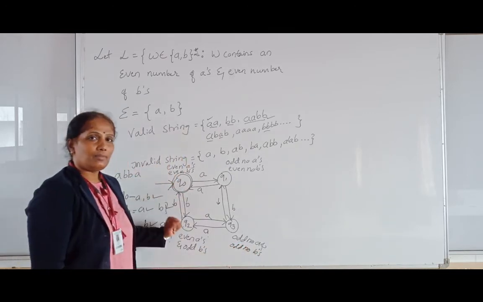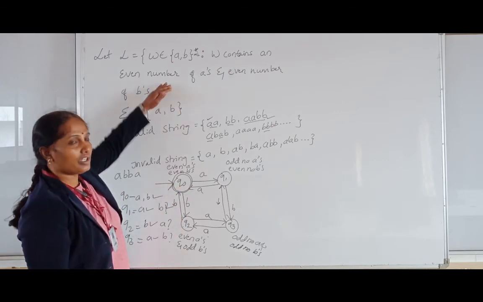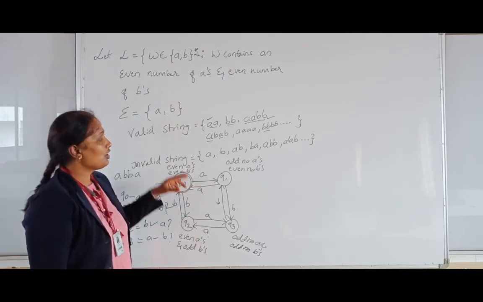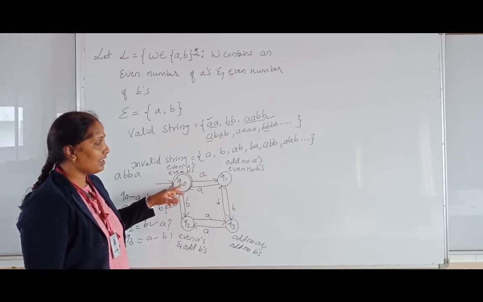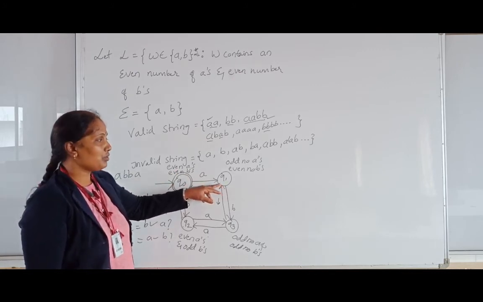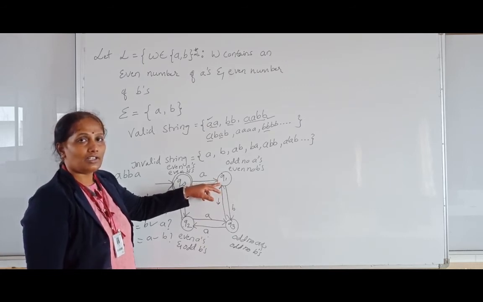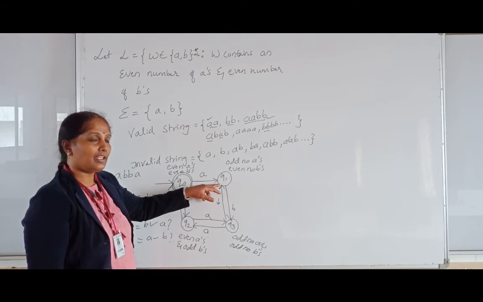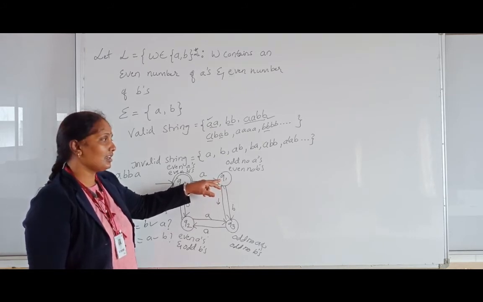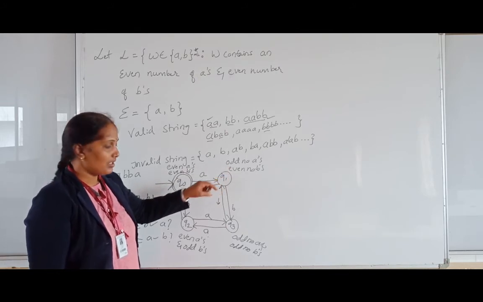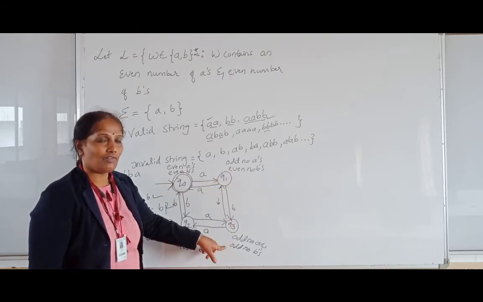So the DFSM remains the same. According to the question, you change the final state. So this is the DFSM which accepts what? Even number of A's and even number of B's. If in the exam they ask you to draw the DFSM which contains the strings made up of A's and B's, where the occurrence of A's and B's in the string is odd, then you are going to make Q3 the final state.